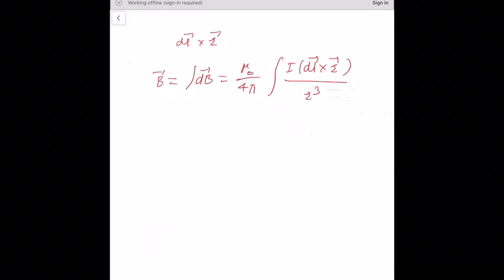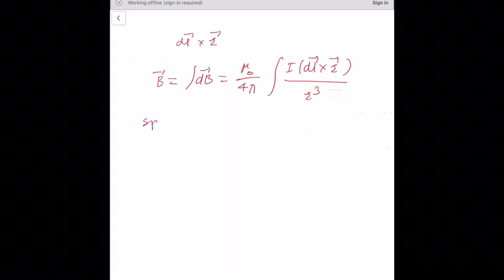The integral in the above equation can be calculated by knowing the proper limit of the problem. SI unit of B is Weber per meter square and CGS unit is Maxwell per centimeter square.